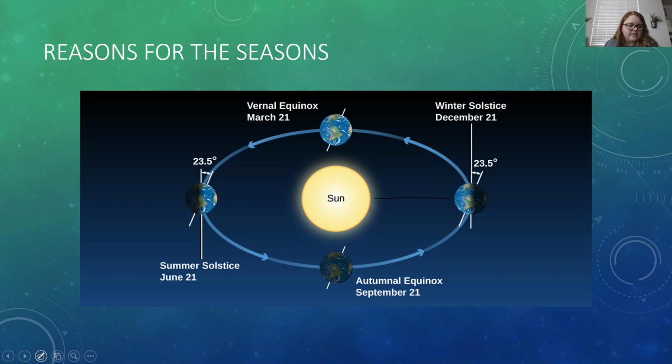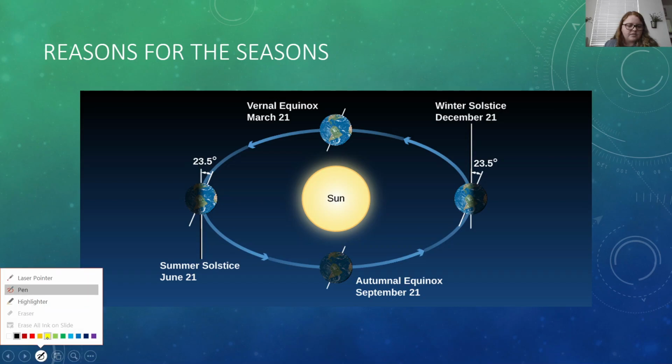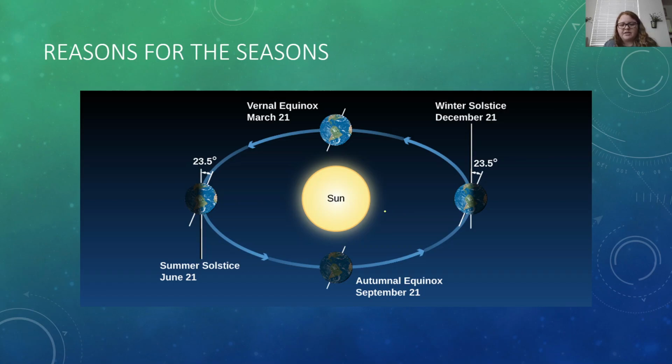Maybe yellow. The sun will give us a lot of sunlight, but a lot of it is going to be in the southern hemisphere.